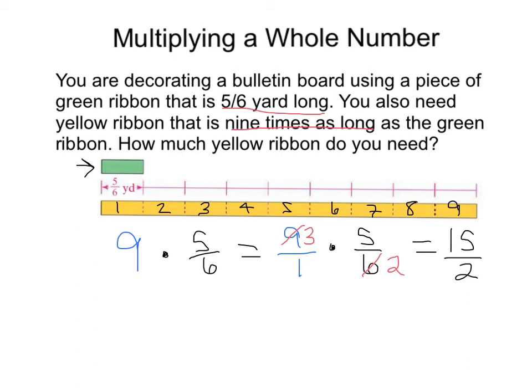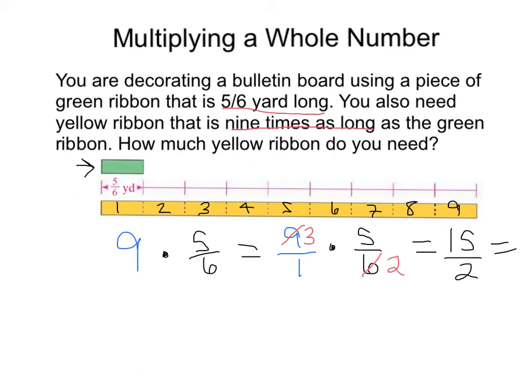Now, while that is an answer, we know we're not finished because our numerator is bigger than our denominator. When the numerator is bigger than the denominator, you have to simplify and rewrite the fraction as a mixed number. So we need to look and see, okay, how many times does 2 go into 15? Well, it doesn't divide evenly because 15 isn't an even number, so we know there's going to be a fraction left over.